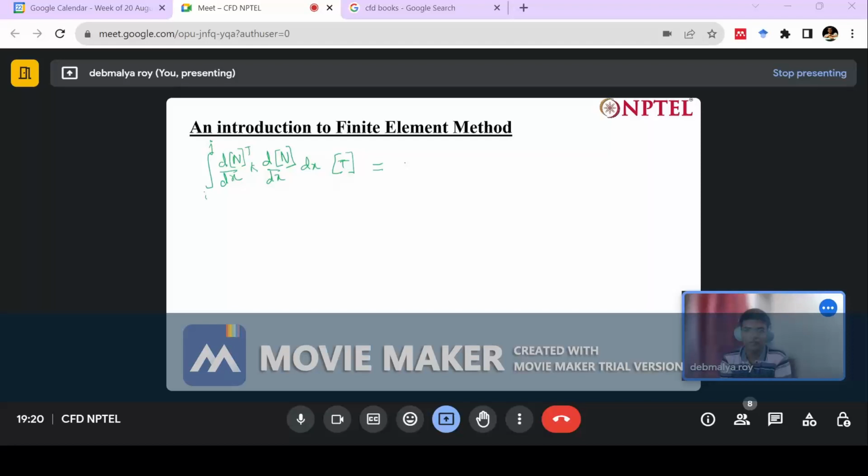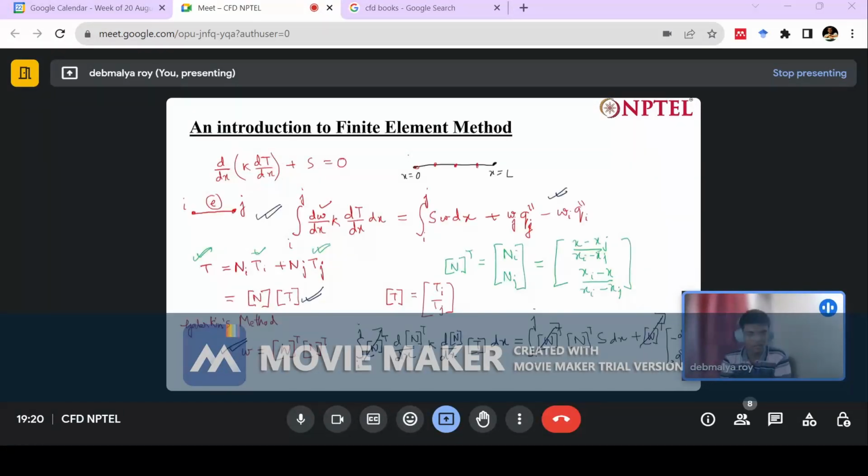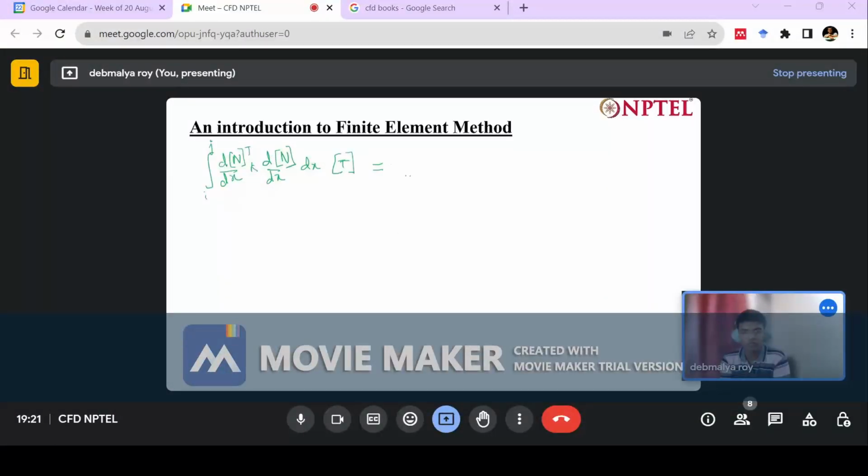And what else? Here we see that we have this integration of N transpose. S also can be taken out because it is not dependent on x as of now. We have not taken it to be dependent on x. So what remains is N transpose dx, and these flux terms remain. These are the boundary terms.